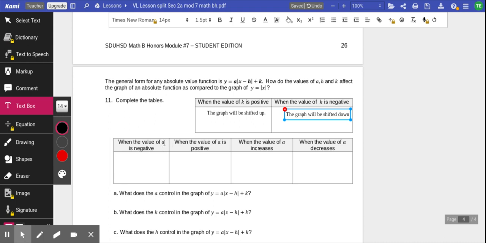When A is negative, we're going to get it flipped upside down. It's upside down, a reflection over the x-axis.